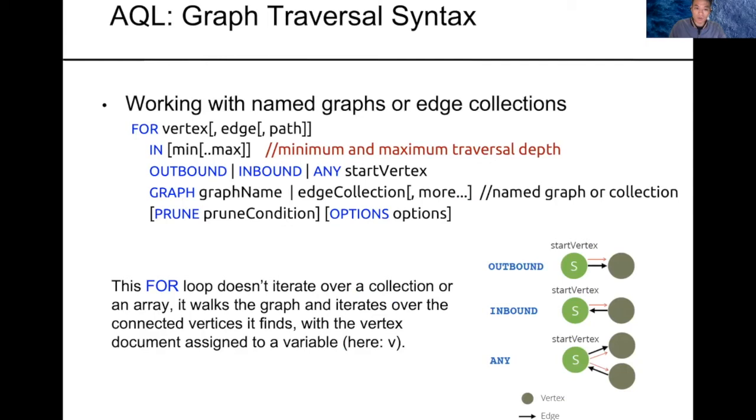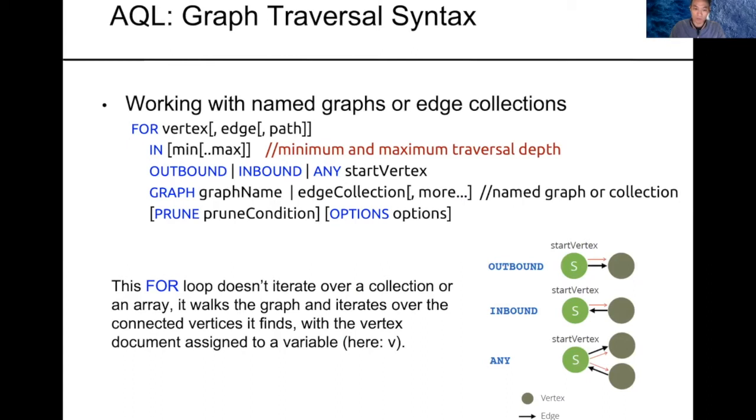AQL can also do graph traversal. The syntax includes 5 clauses. The first one is a FOR clause. It works on vertex, edge, or path. The second one specifies the minimum and maximum traversal depths. And the third one specifies the traversal direction, outbound, inbound, or any, from our starting vertex.